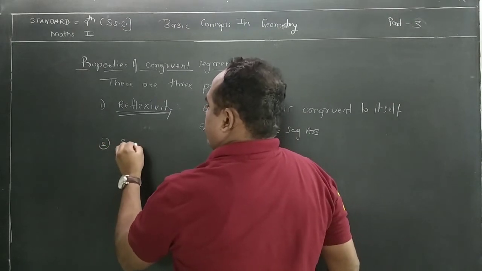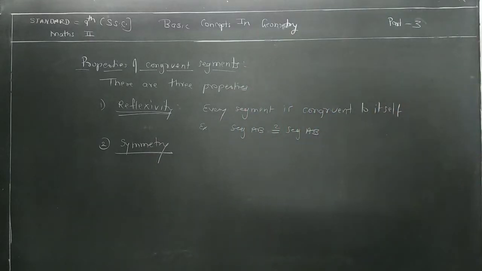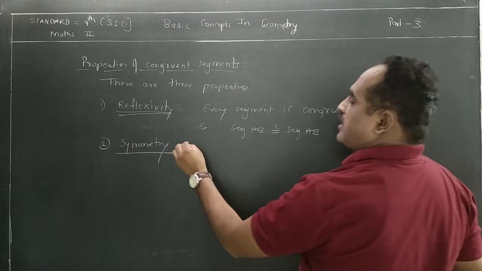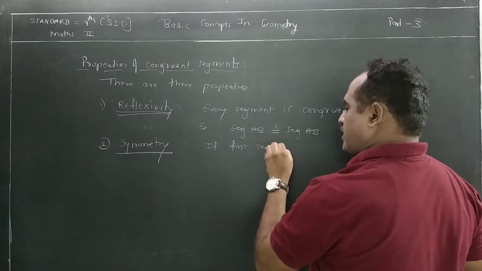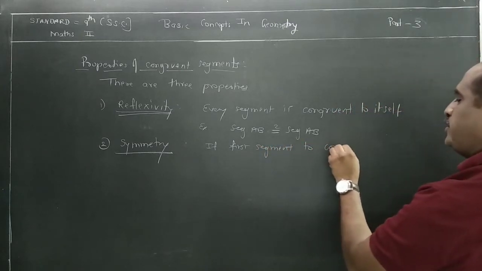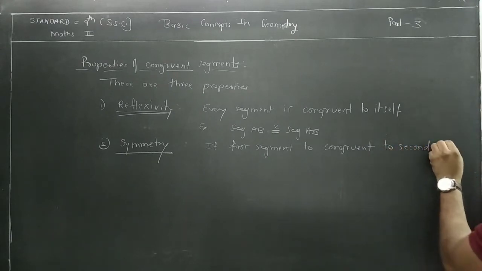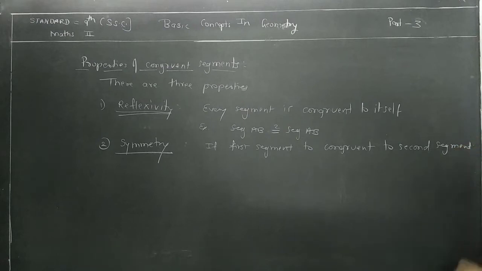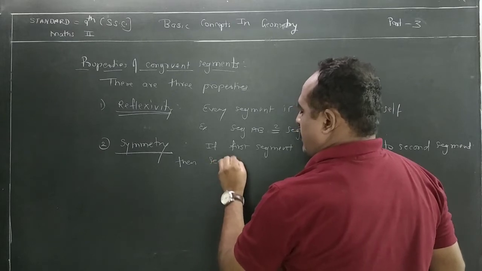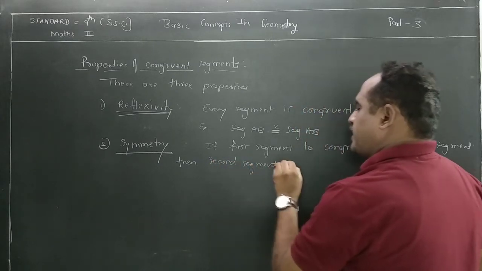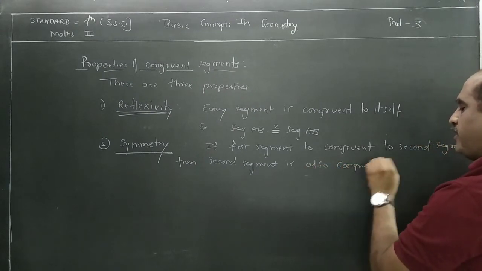Then the second one is symmetry. Symmetry is: if the first segment is congruent to the second segment, then the second segment is also congruent to the first segment.